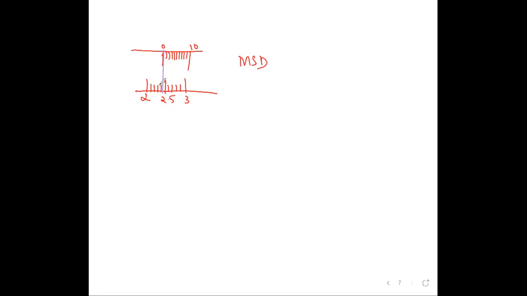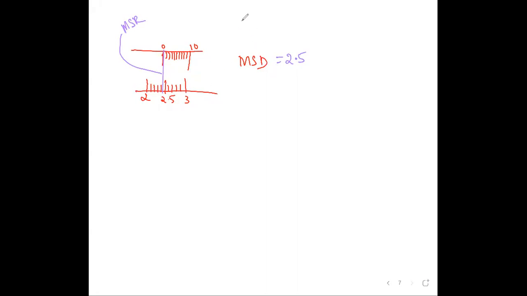That line is in between 2.4 and 2.5, so that is MSR 2.5. Is it clear? Yes, sir.